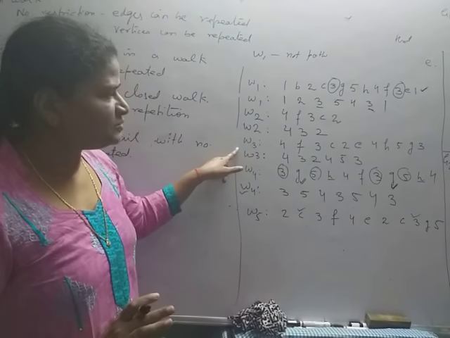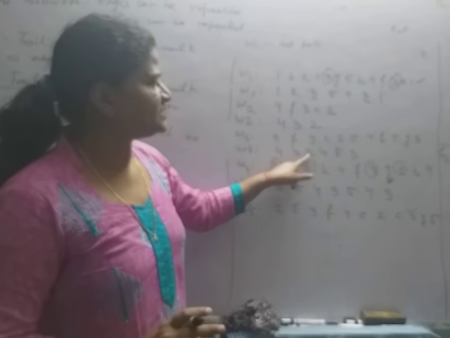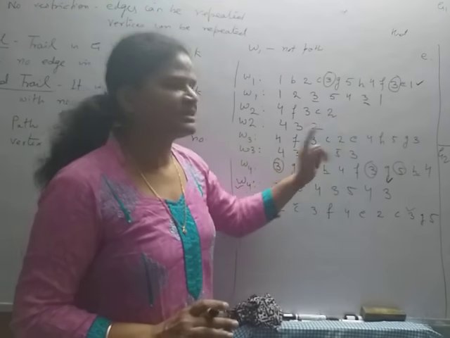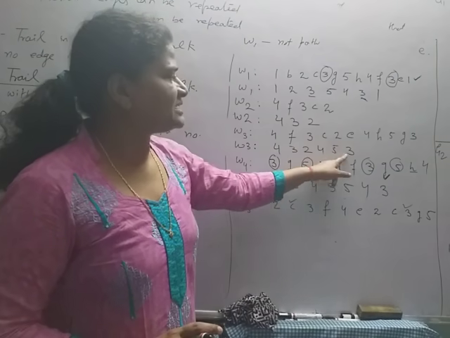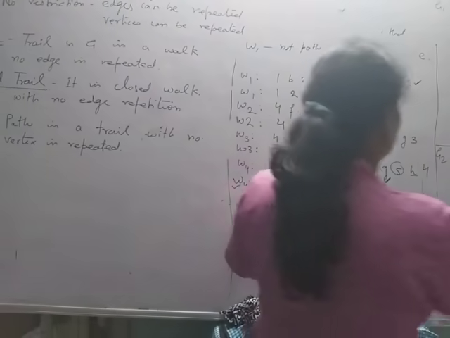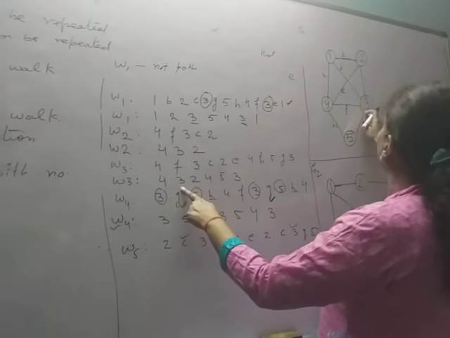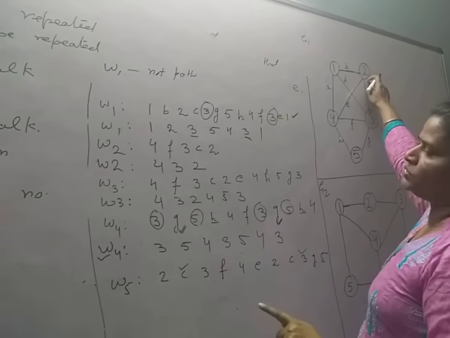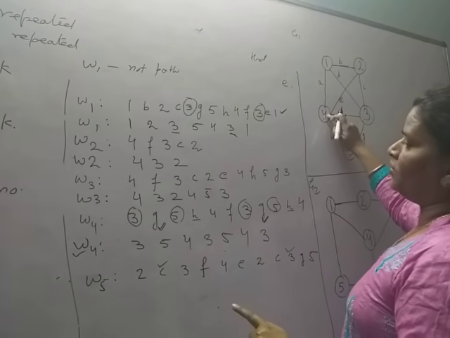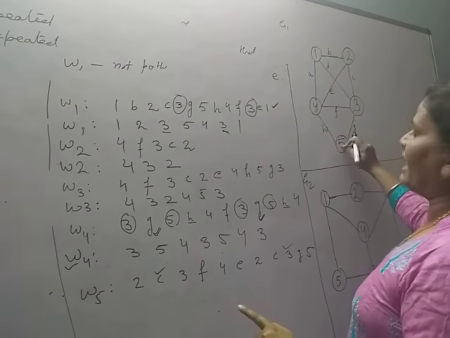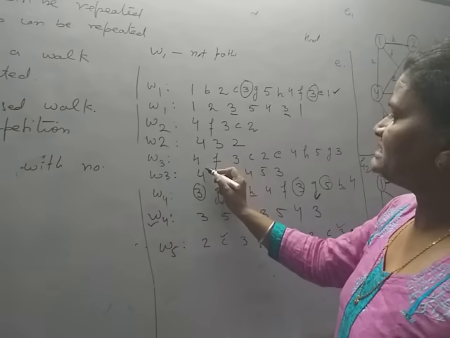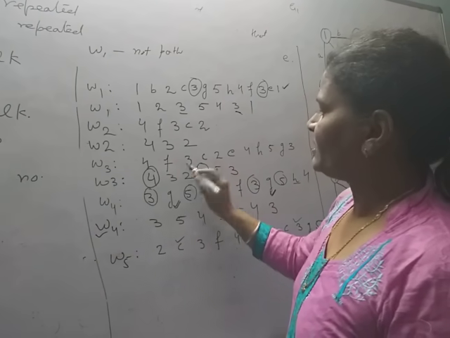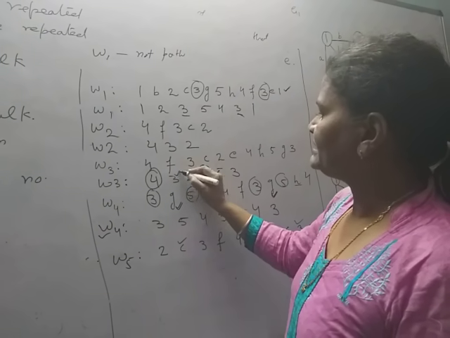W3: 4, 3, 2, 5, 4, 5, 3. Here again the vertex 3 is repeated. Just two vertices are repeating, 4 and 3.